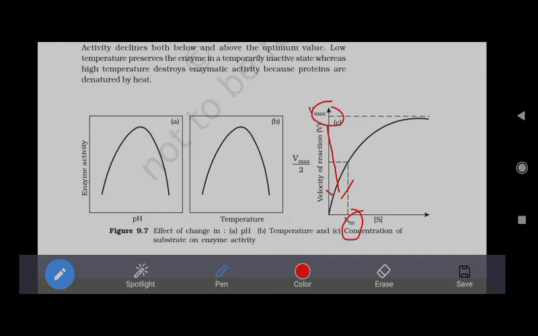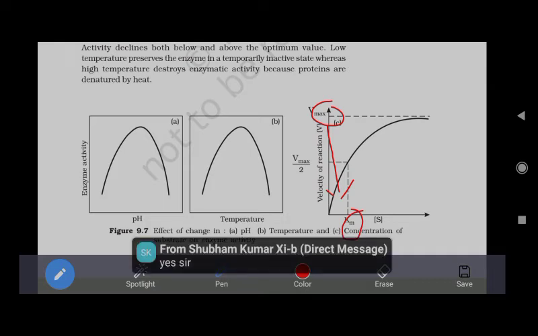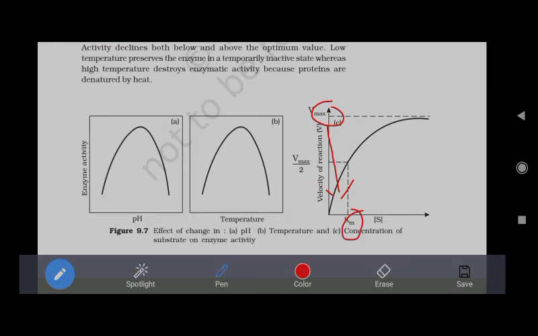Km is that concentration of the substrate at which the velocity is half of the maximum velocity. Is it clear to all?